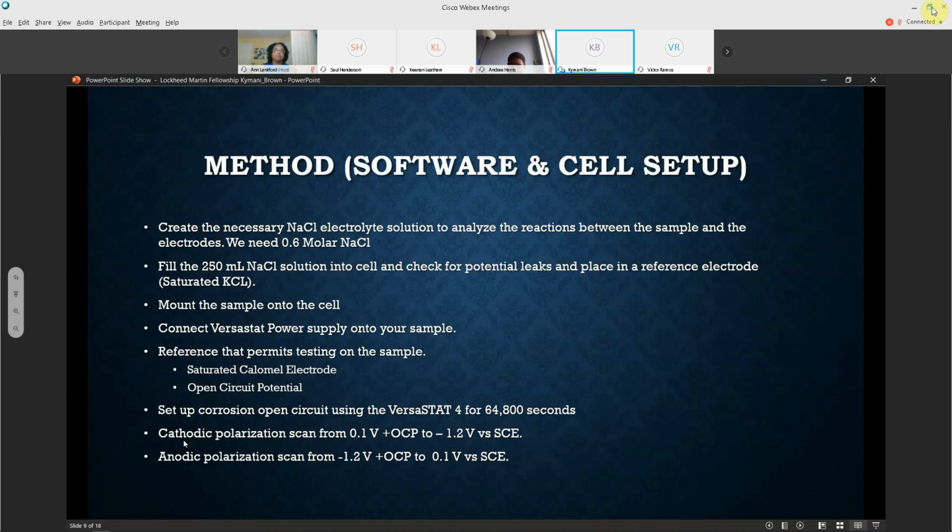For the cathodic polarization scan, it was set from 0.1 volts plus the OCP stabilization period to negative 1.2 volts versus the saturated calomel electrode, the reference electrode. And for the anodic polarization scan, it ran from negative 1.2 volts plus the OCP stabilization period to 0.1 volts versus the reference electrode.